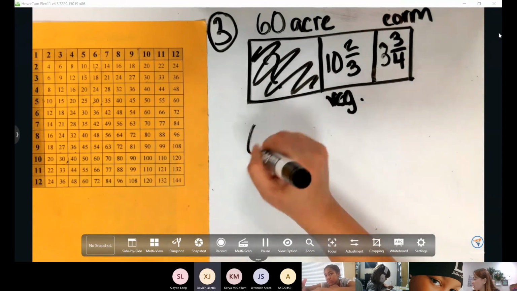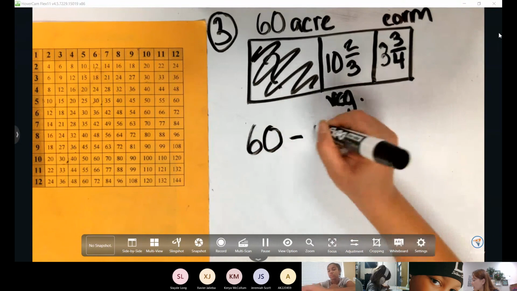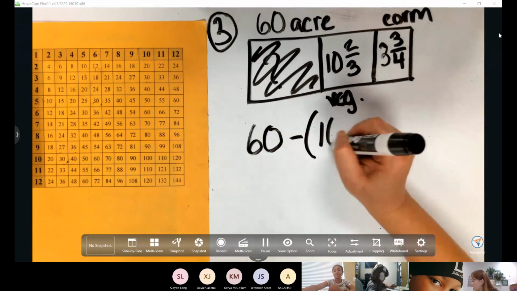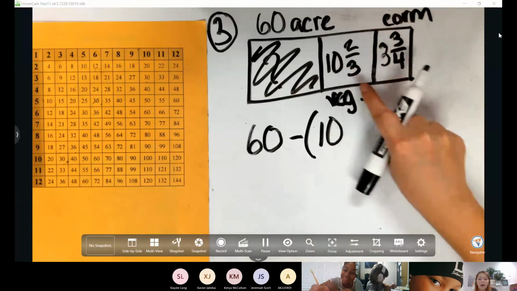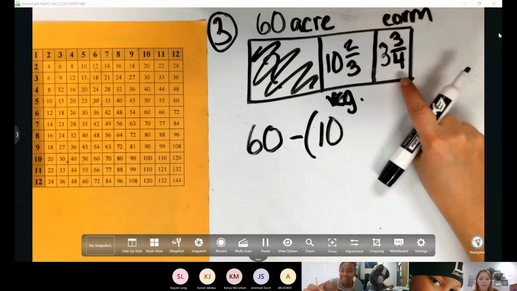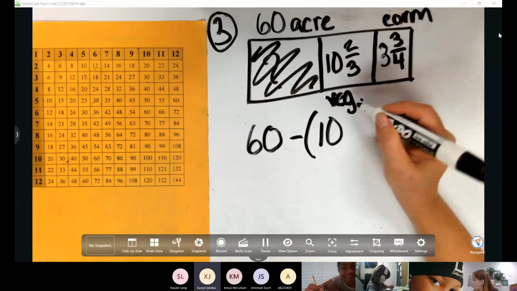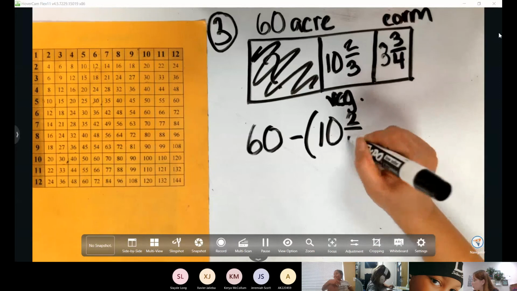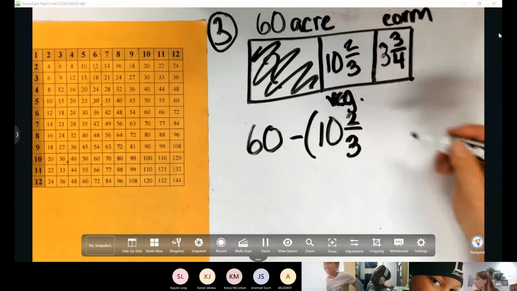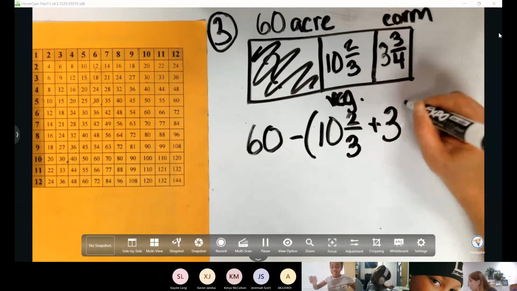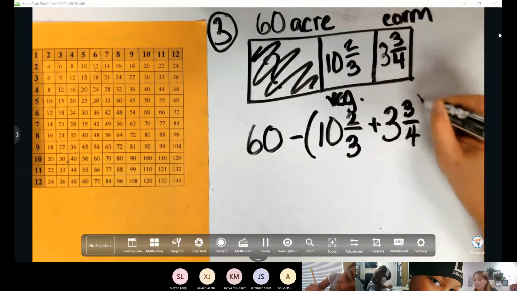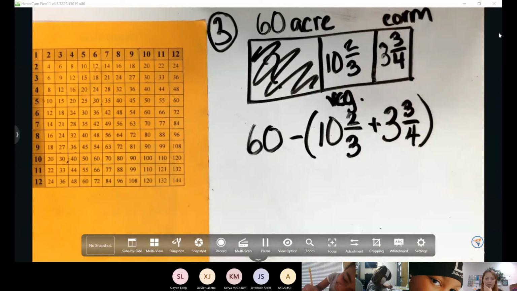So you can write this as a number sentence that goes like this. What are we subtracting? We're subtracting the total amount of land that he used to grow some things. Here he used this much land to grow vegetables, and then he also used this much land to grow corn. Now, have I lost you guys there?